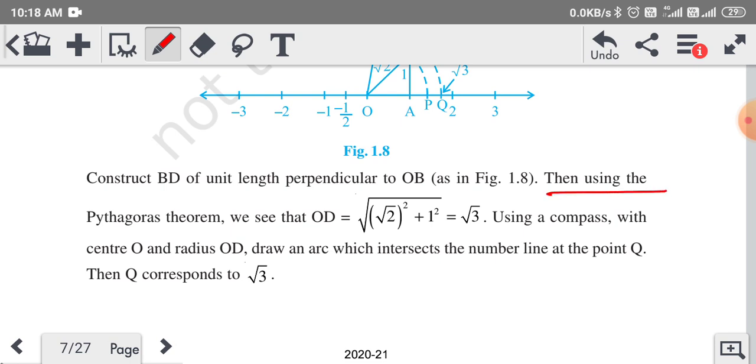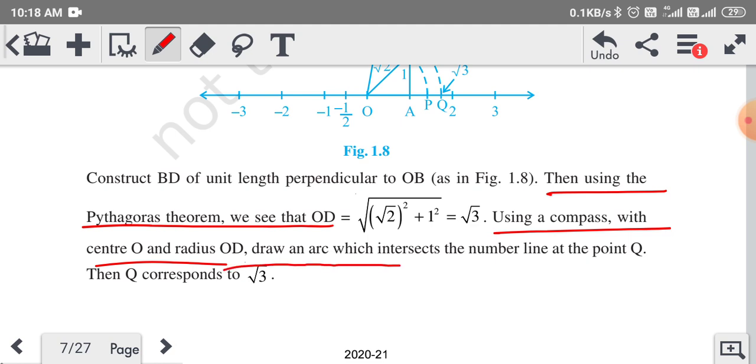Then using the Pythagoras theorem we see that OD is equal to root of 2 squared plus 1 squared, that is root 3. Using a compass with center O and radius OD, draw an arc which intersects the number line at the point Q. Then Q corresponds to root 3.